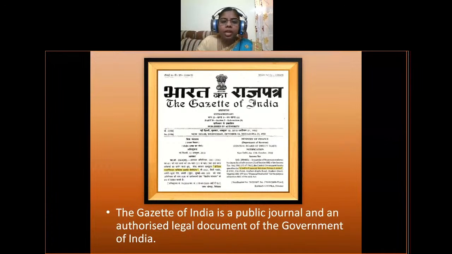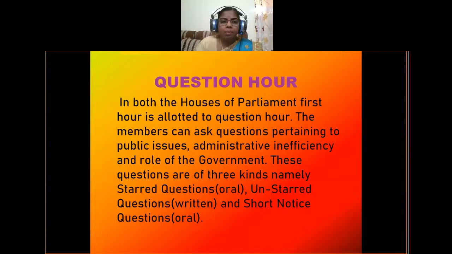After the introduction of the bills, they will be published in the journal of the government, which is called the Gazette of India. So that is about the first reading.